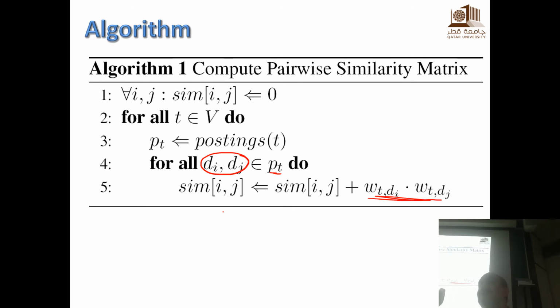Yes, this is exactly my question now. What will be the key? Two documents, document I and J, that will be the key, and the value is this partial contribution, which is the multiplication of the weights. If this is the case, then what will happen after the map?